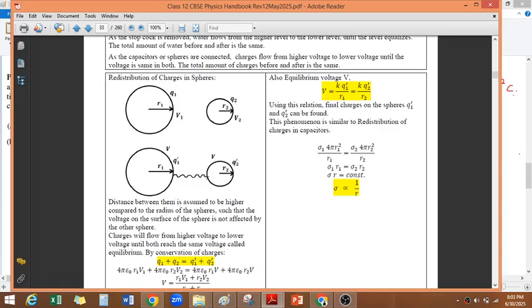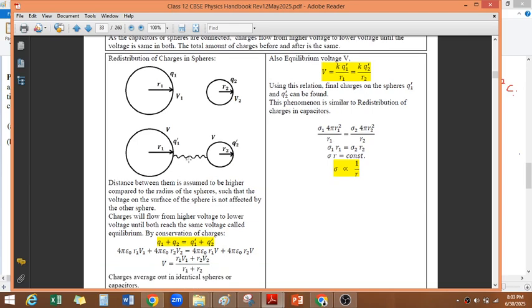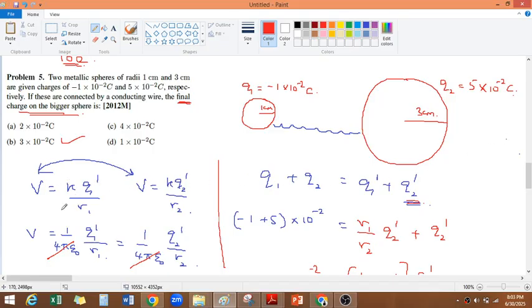And voltage will be equalized until both the voltage are equal. அந்த கான்செப்ட்ஸ் தெரிஞ்சாதான் எங்களுக்கு இது பண்ண முடியும். KQ1 dash by R1, KQ2 dash by R2. ஸோ இது ஒரு ஈக்குவேஷன், இது ஒரு ஈக்குவேஷன். ஸோ you are substituting for Q1 dash over here to find the Q2 dash. That's all.